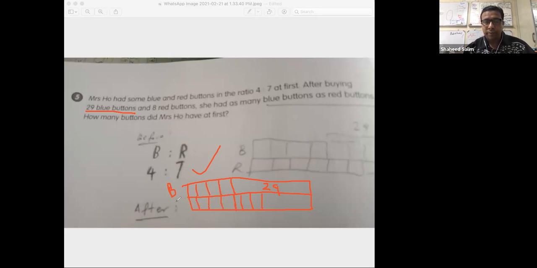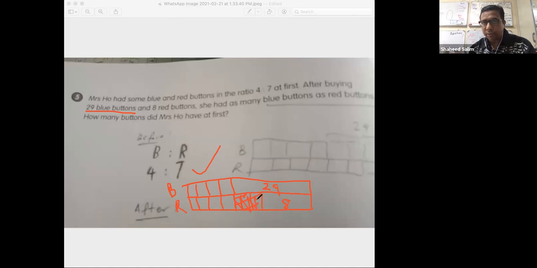So now down here, this is red. And he bought how many? 8 buttons. So your step you must do is to find what is this tree, Zahin. This tree down here. Can you see this tree here? How to find this tree?